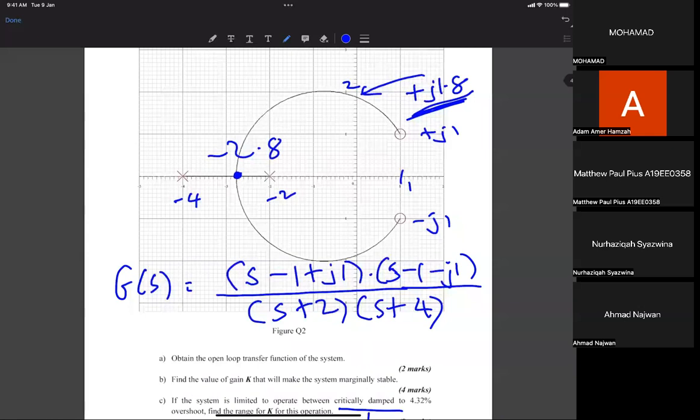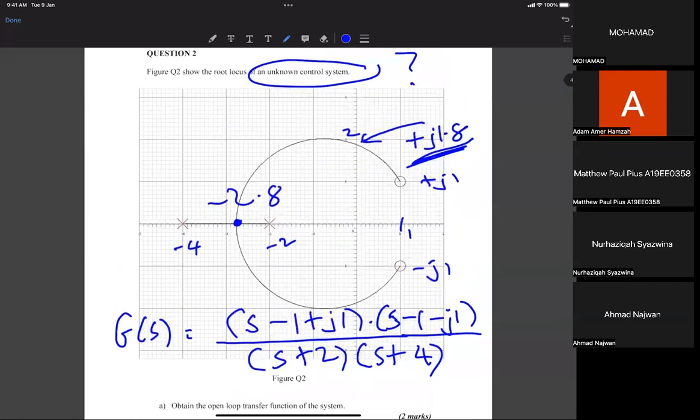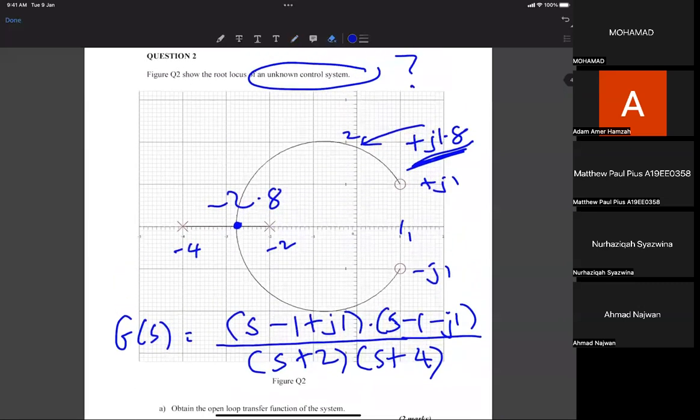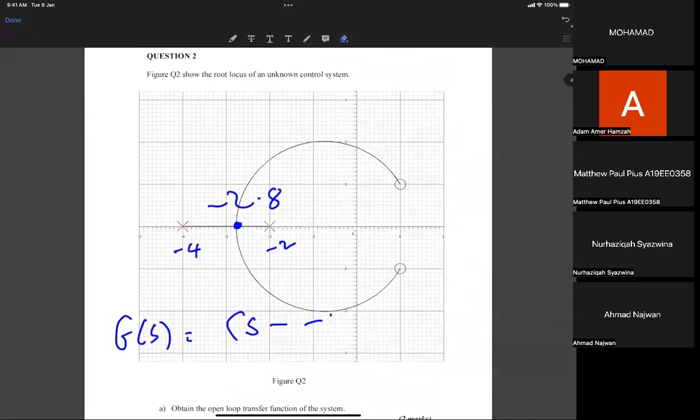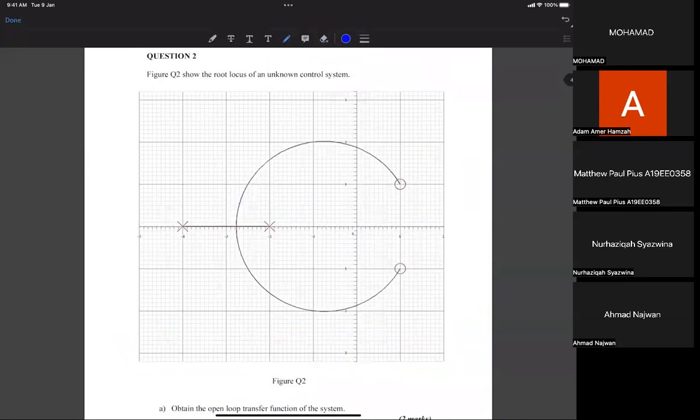Students sometimes are confused between gain and damping ratio, so let me explain. This is the j omega axis and the real axis. Here k is equal to 3 but zeta is equal to 0.